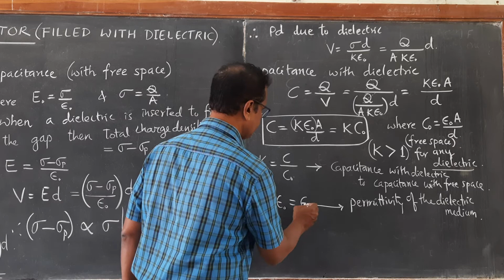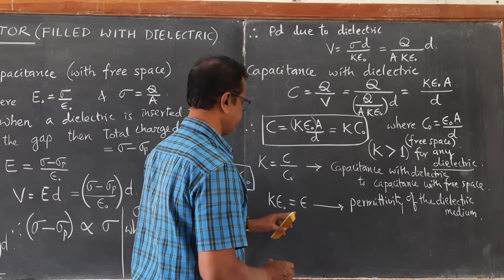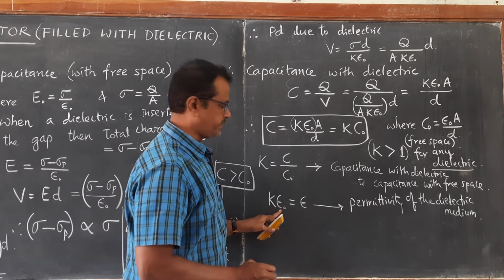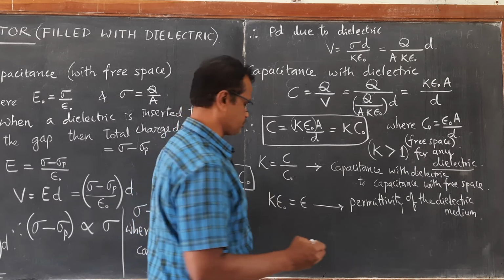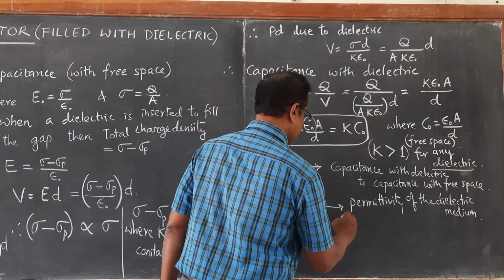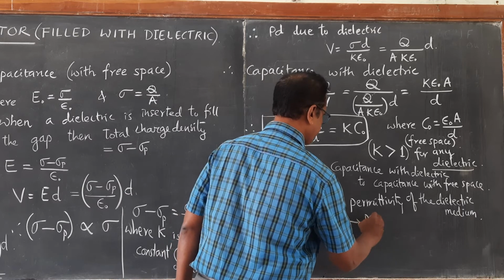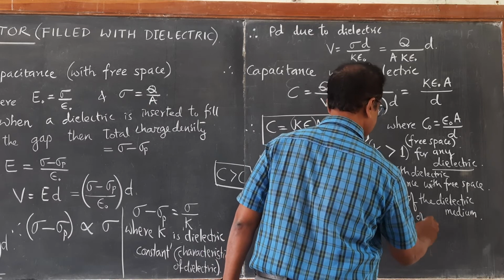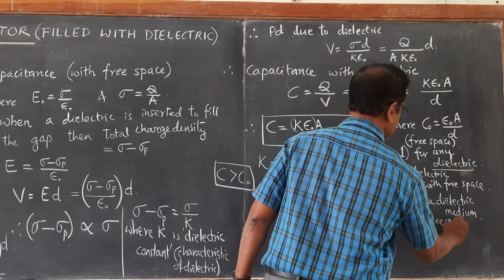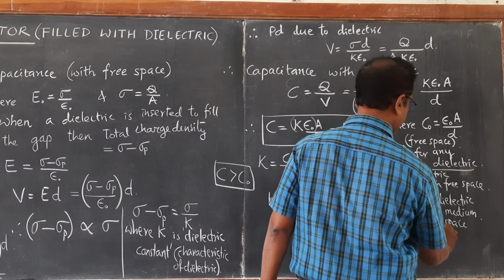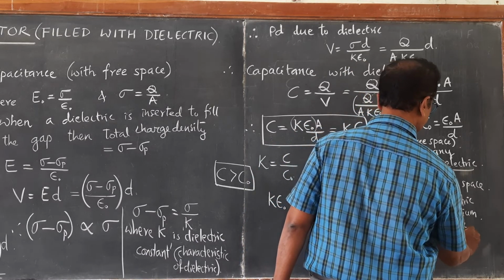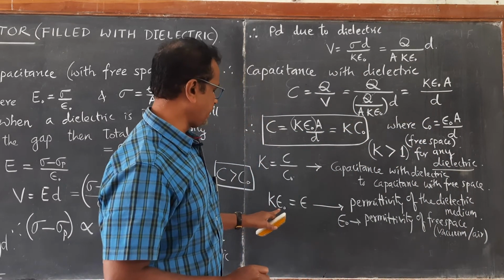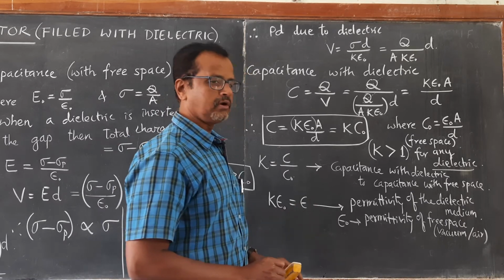This permittivity of the dielectric medium is always greater than epsilon naught, where epsilon naught is permittivity of free space, either air or vacuum. So, you can note down here K times epsilon naught is equal to epsilon.